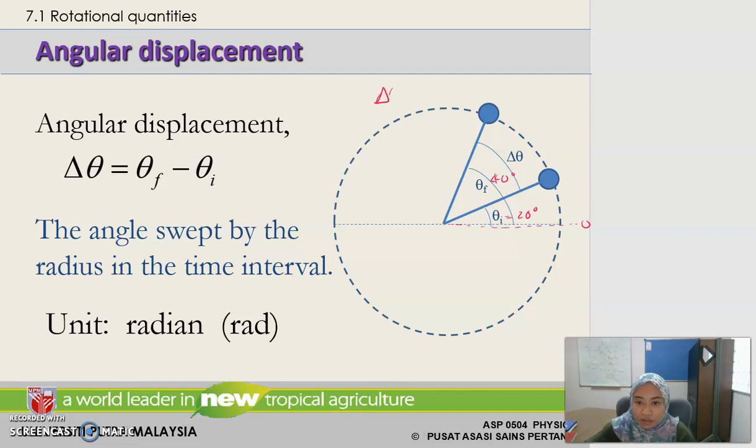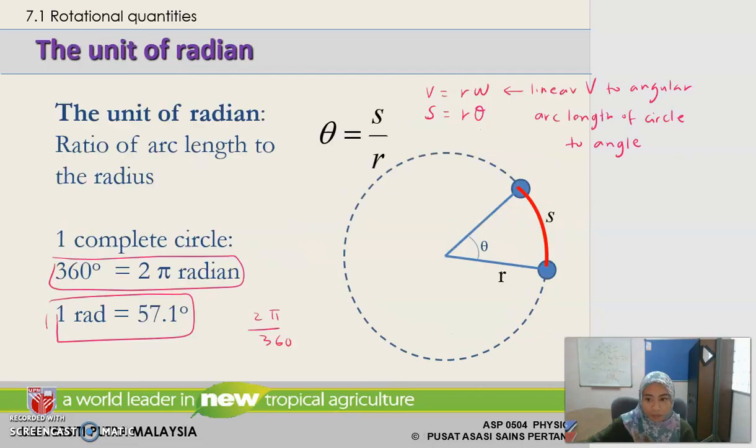So your change in theta is 40 minus 20, because theta final minus theta initial. Alright? So the angle swept by the radius in time interval, the unit is in radians. So if you are given degrees, you should convert it to radians, and if you have it in radians, then that is the correct unit to have.